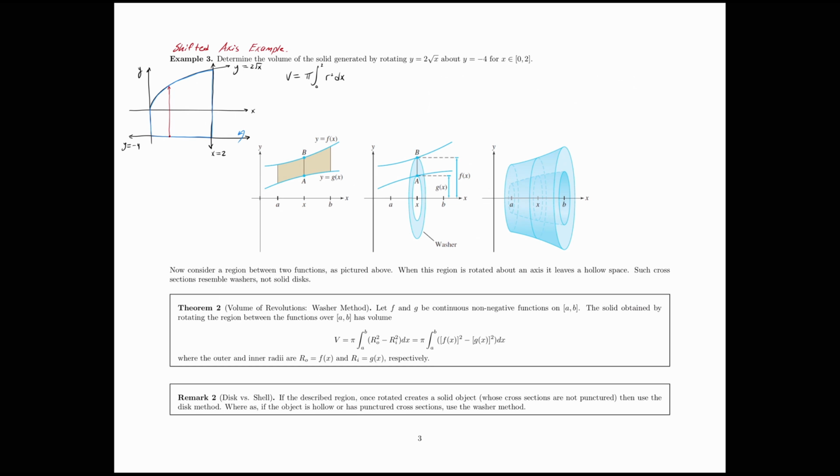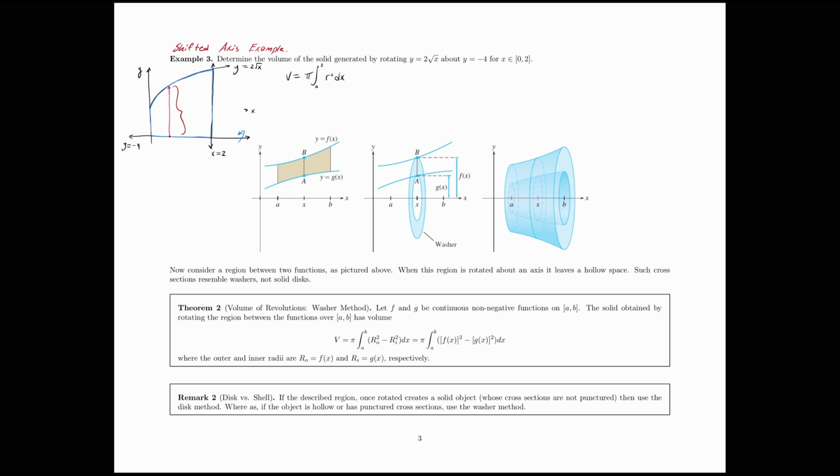This right here is not tethered to the x-axis, so I cannot call this full length y. It's not a y, it's not tethered to the x-axis. But we can relate it to y.